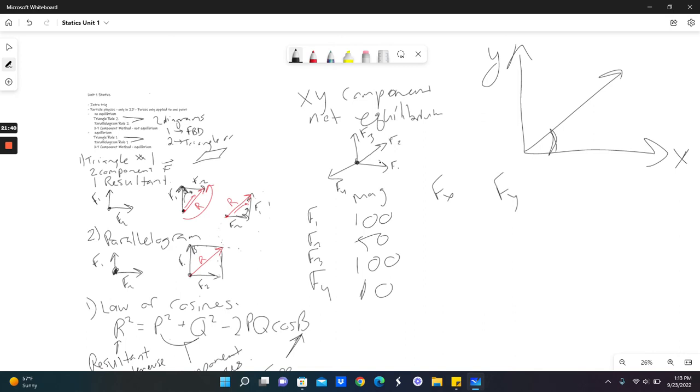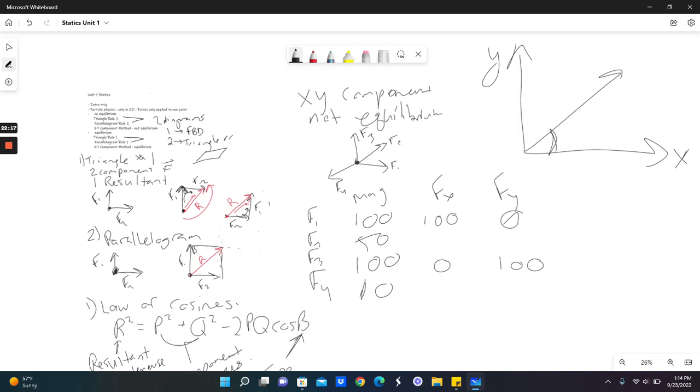Okay, so the easiest two to figure out here would be F1 and F3. F1, the whole force is occurring in the x direction. Not the clearest in the picture, maybe it's a little crooked, but it's supposed to be. So F1 is going to have 100 as its x value and 0 as its y value. For F3, it's 100% in the y direction. So we're going to say 0 in the x direction and 100 in the y direction.